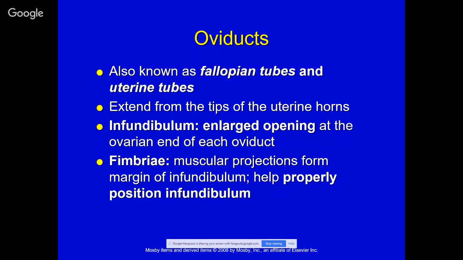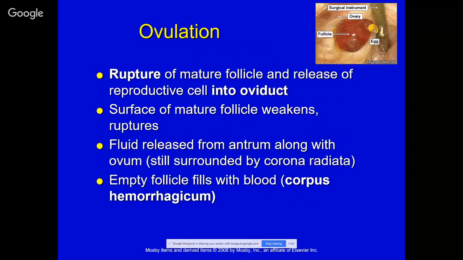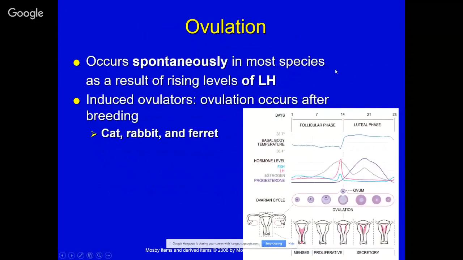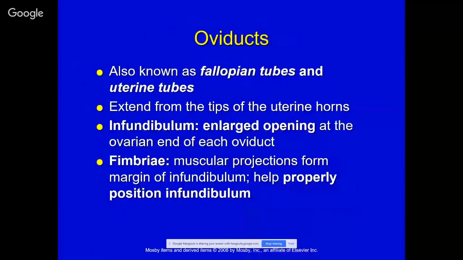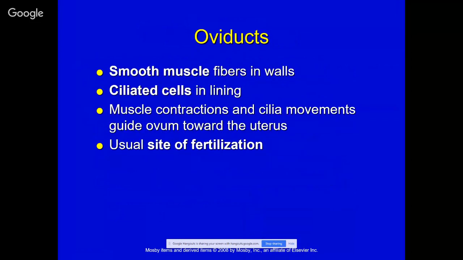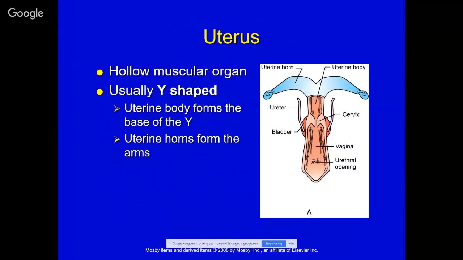Now, if that egg, which is ovulated into the abdomen, does not make it into that fallopian tube, then we can get an ectopic pregnancy, and that can be a problem. So these oviducts are pretty small.